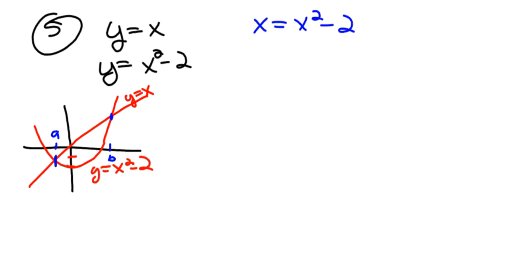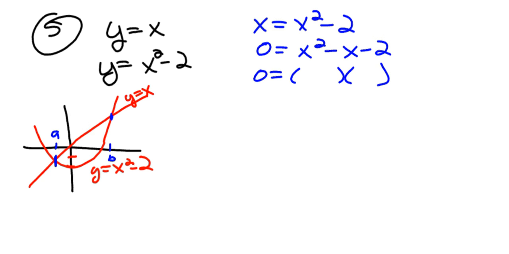Now, if you do have your calculator, you can do that on the calculator. But in this case, I don't have to. I can see I have a quadratic trinomial, and from here I can factor this. This is factorable, and I see that x is equal to -1 and 2. So those are my bounds that I'm going to use.